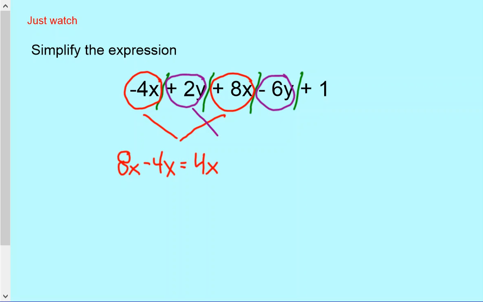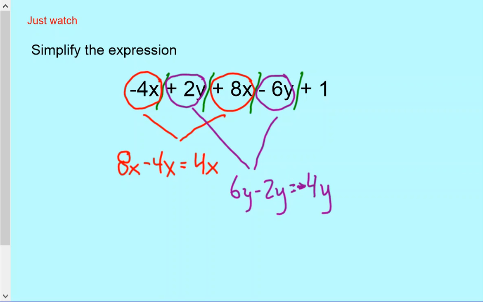And then we also have 2y minus 6y, and the minus 6y is going to have a larger absolute value, so we're going to keep that sign. And then we can just say 6y minus 2y is equal to 4y, and that's going to be a negative.